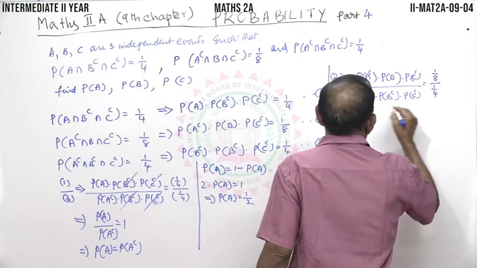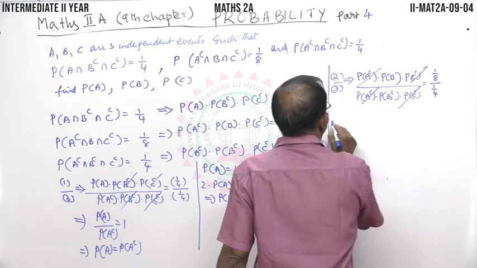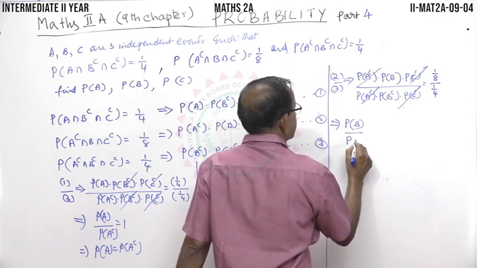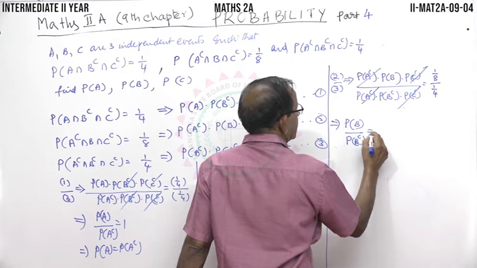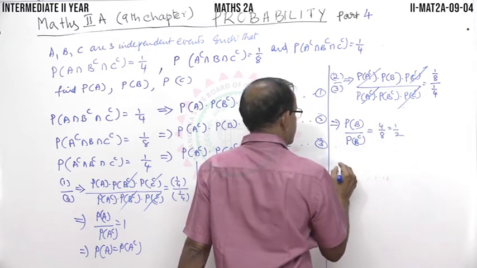Here P of A complement is cancelled, P of C complement is cancelled. So P of B by P of B complement is 4 by 8, that is 1 by 2.